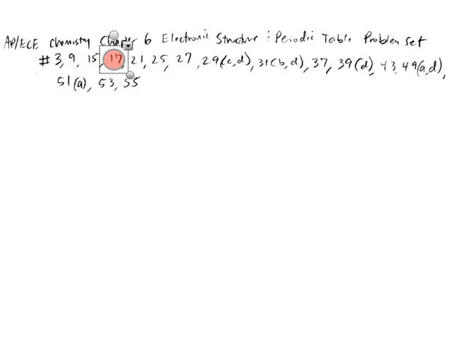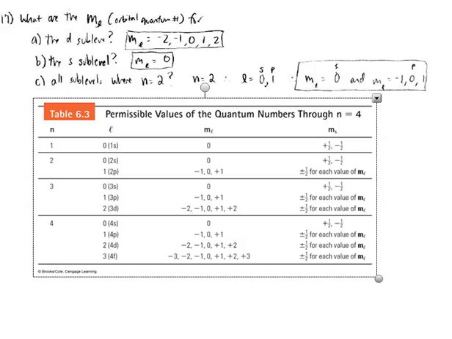Let's take a look at problem 17. In this particular problem, you're asked to consider quantum numbers. You're asked to figure out what are the possible m sub l, the orbital quantum numbers, for, in this case part A, a d sublevel.